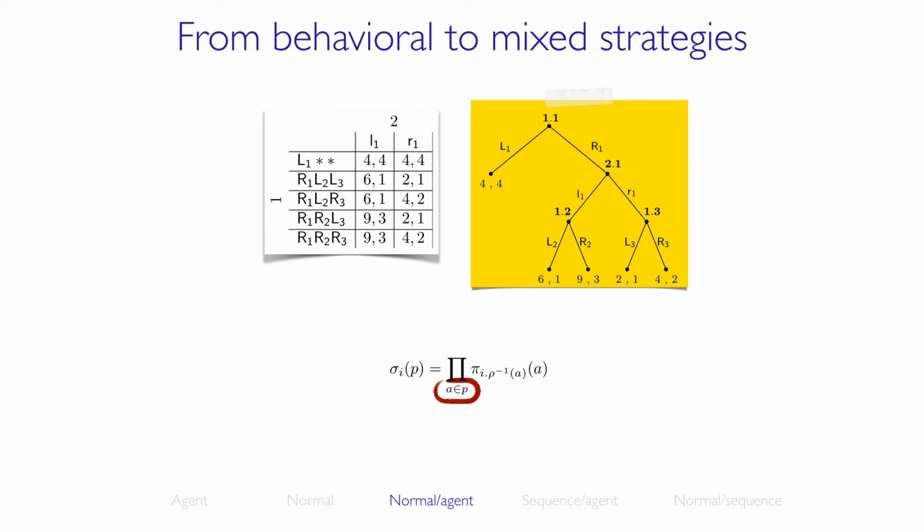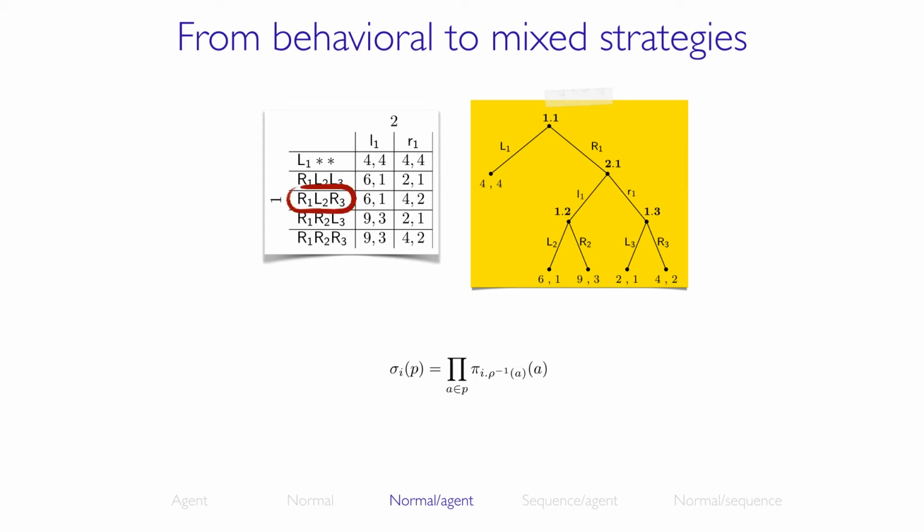Here, given a behavioral strategy, we can find infinite equivalent mixed strategies of the reduced normal form. A simple strategy, however, can be found as shown in the picture. Call P the plan whose probability we want to find. Consider all the actions A included in the plan P. The probability of P is given by the product of all the probabilities of the actions A included in P, as reported in the picture.